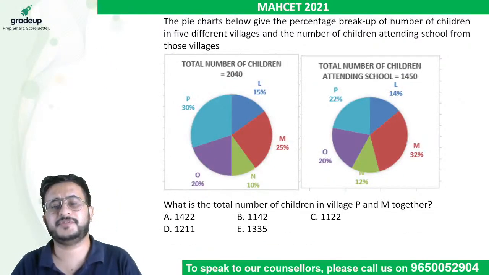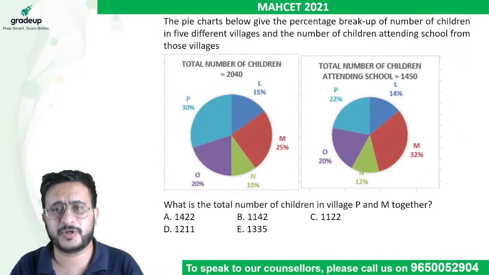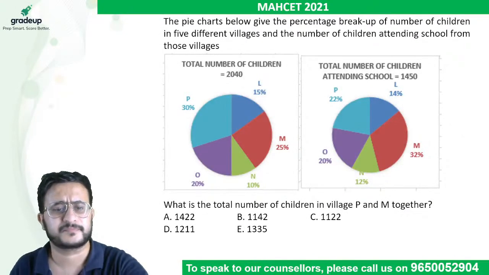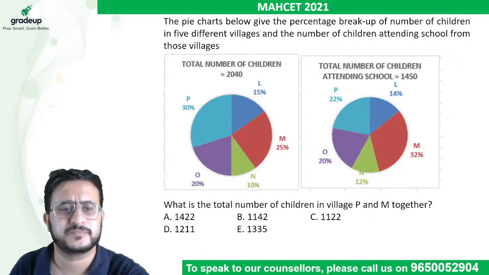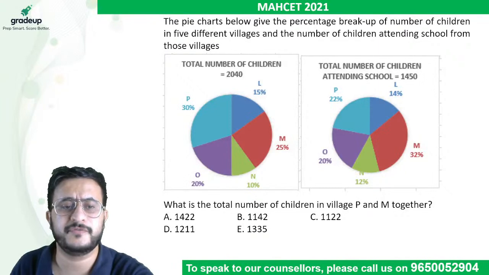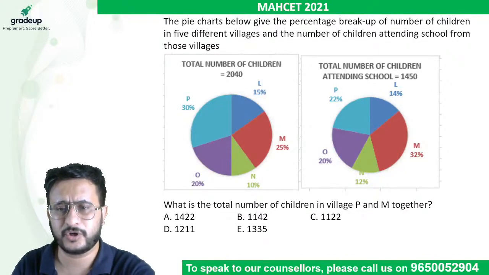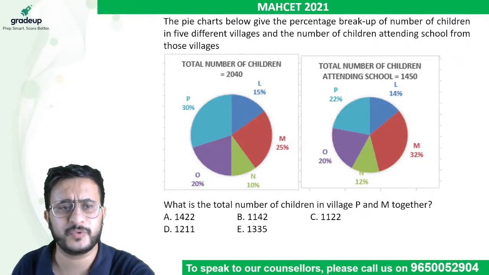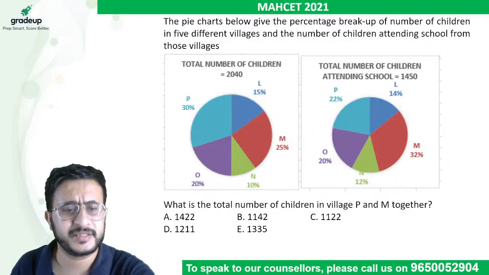What is the total number of children in village P and M together? This is a very basic, easy set. In the examination also you will find that even if the set is not completely easy, there will be one or two questions that will be very easy for you.